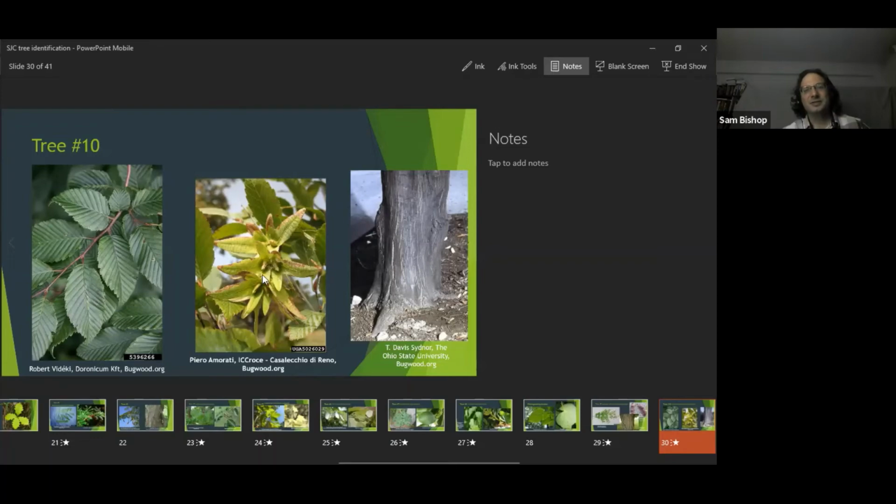You'll probably see them with these funky little clusters of what are actually the fruit in the middle. And the bark is usually gray and very smooth. Any ideas from your keys? This is a tricky group to identify, so even if you don't get it right, practice is good.